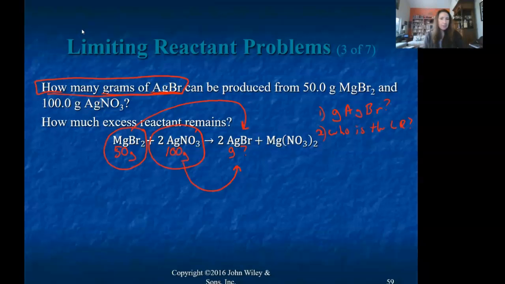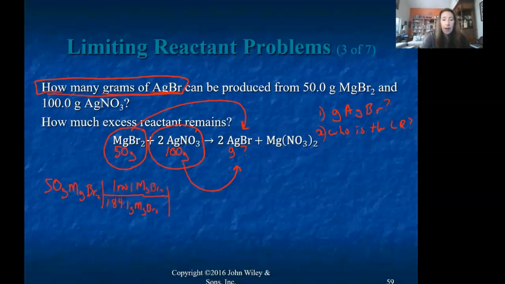All right, so I'm seeing a few of them come through. So let's start with the 50 grams of MgBr2. Again, I'll worry about my sig figs later. So the molar mass, your molar mass should have been about 184-ish if you added it up from the periodic table, in 1 mole of MgBr2.